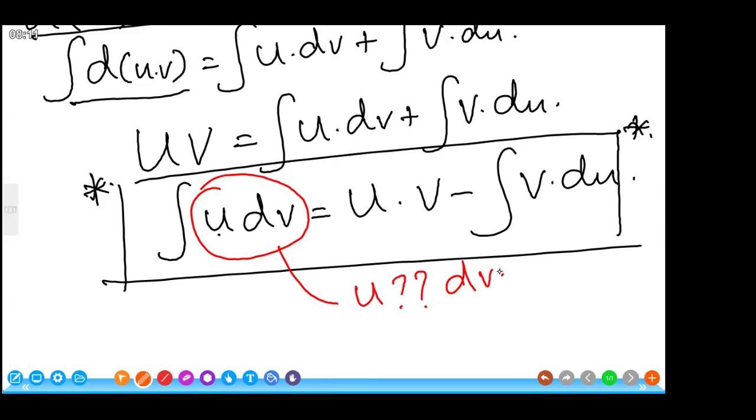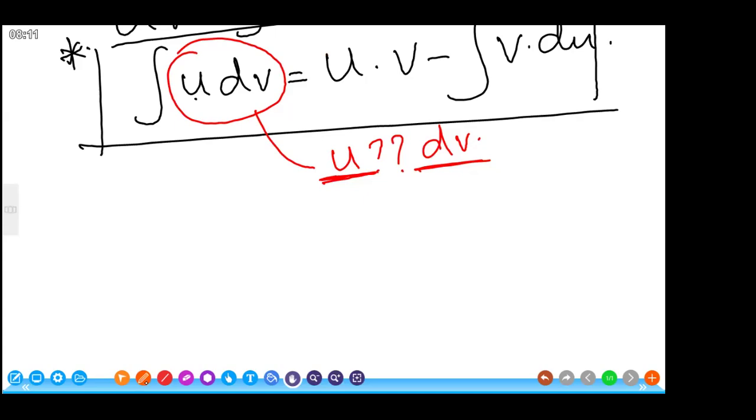When you identify these two components, there's a priority: identifying which one is first, whether identifying u as the first component or dv as the first component. So that is a condition. Let's look at what the condition rules are for identifying u and dv of a function.